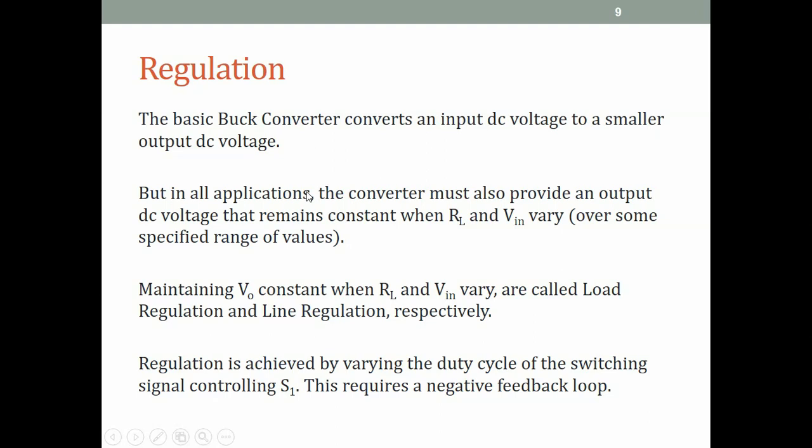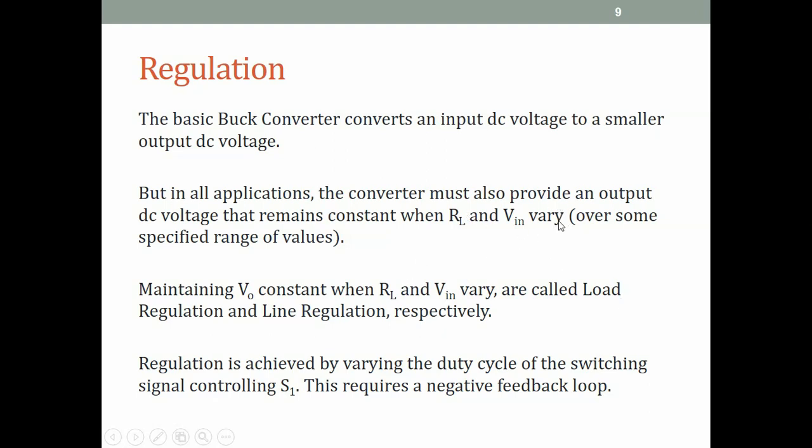But as it changes, the output DC voltage of the buck converter must remain constant. The process of achieving a constant output voltage as RL varies is called load regulation.